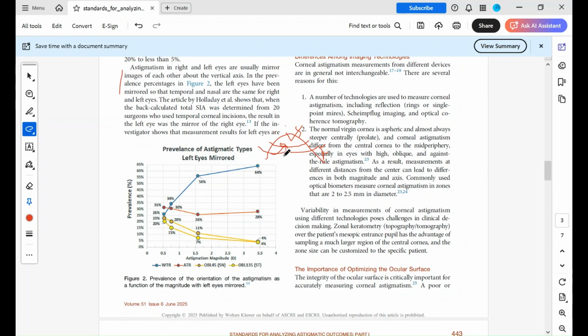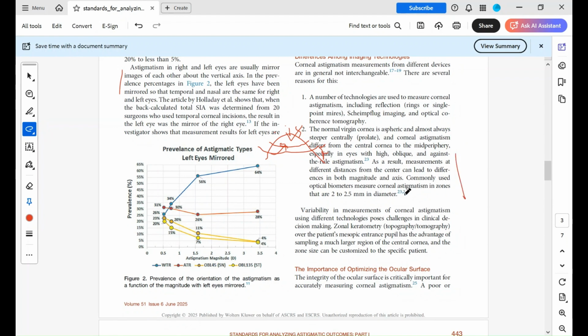What do you expect the corneal reading to do? The corneal reading will become steeper, right? If you move to 2.5 millimeters, then for a normal prolate cornea you will get a steeper value, because as you move towards the corneal vertex, you get steeper values because of the prolate shape of the cornea.